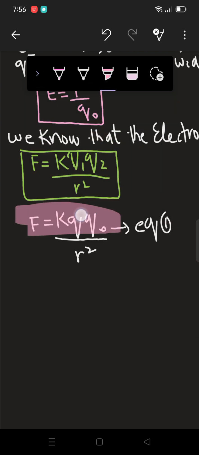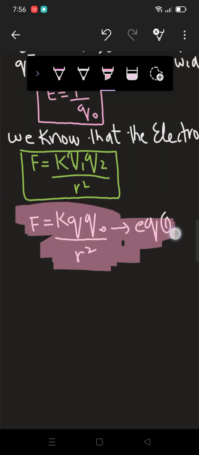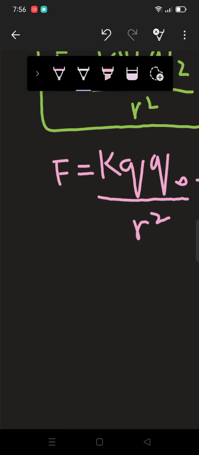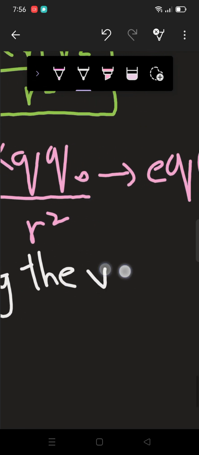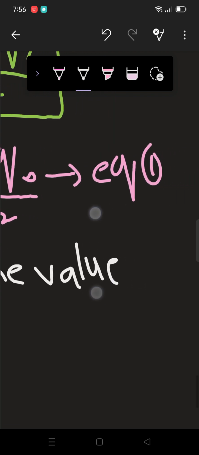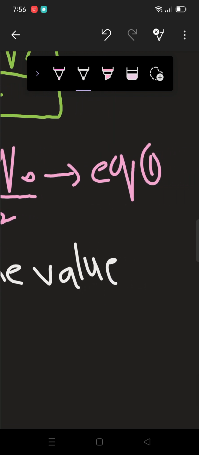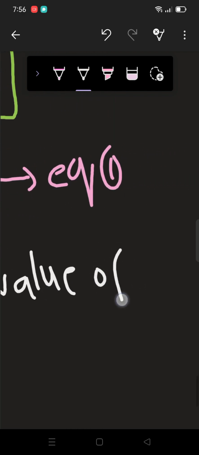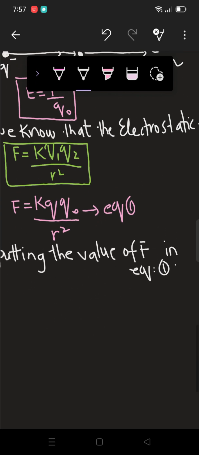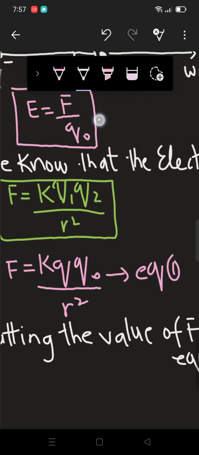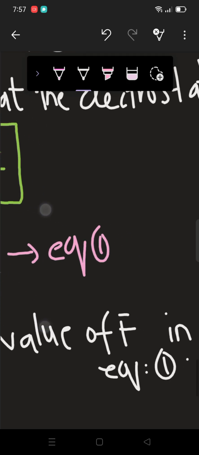Let me highlight this as well. Now, putting the value of F, the value of Coulomb's force or electrostatic force, in the electric field equation. The electric field equation is equation number 1, and this is equation number 2.